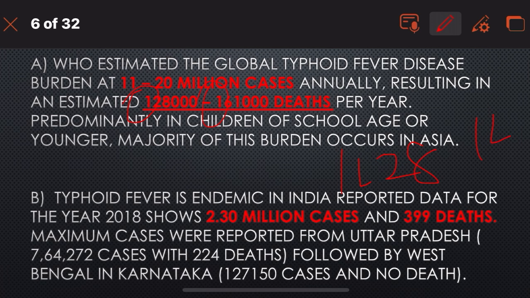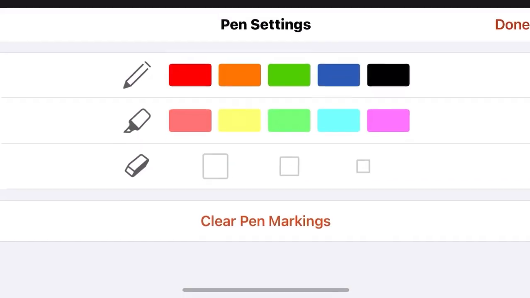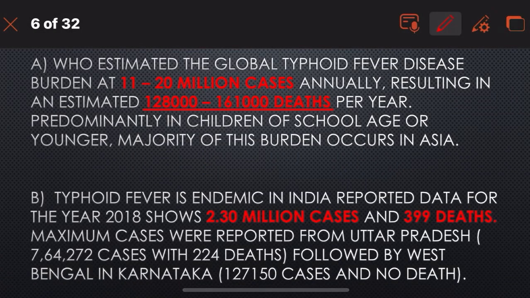Okay, 1 lakh you can remember, 28 to 61,000 deaths per year. Cases are 11 to 20 million, whereas the deaths are 1,28,000 to 1,61,000.